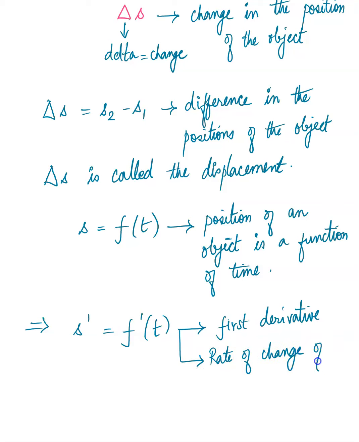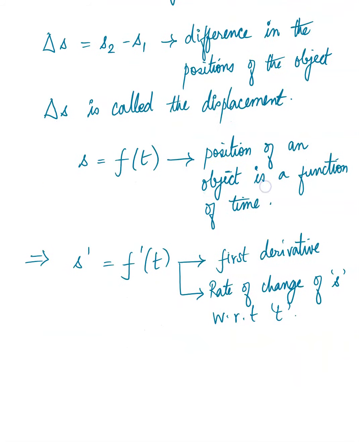So rate of change of s with respect to time t, because we now know that s stands for the position of the object. In other words, how fast is the position changing? How fast is the object moving with respect to time?